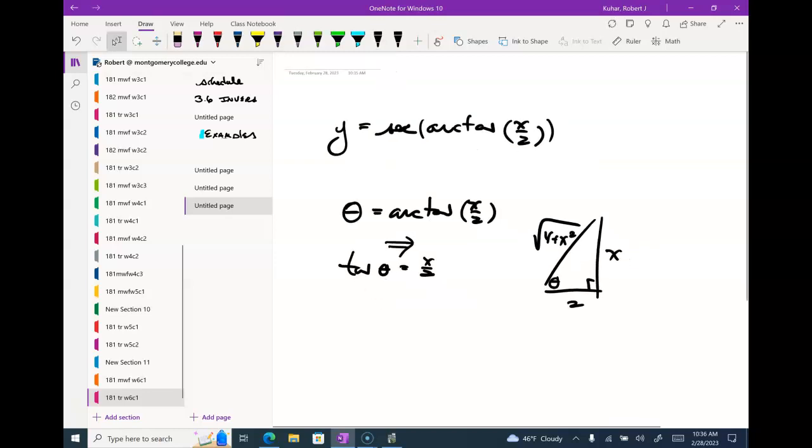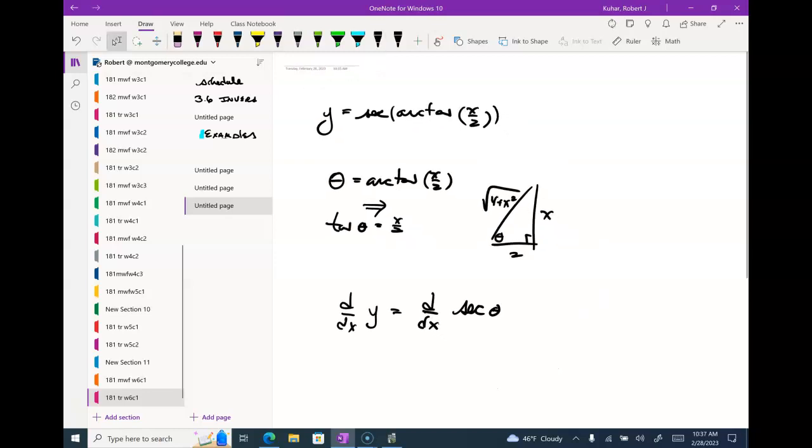It's up to you. I'm ready to take a derivative, but I really want to take d dx of y equals d dx of secant of theta. I don't want to write all that. I already know I'm calling my inverse trig theta, right? Yes, everybody with me?